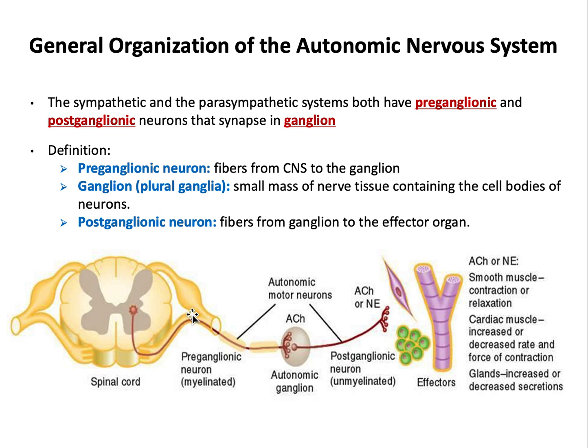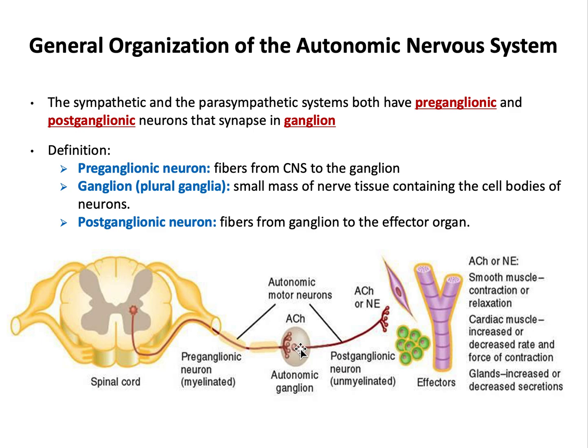They're going to exit through spinal nerves, and then they're going to synapse in a specialized structure called a ganglion. Anatomically, the definition of a ganglion is just a cluster of cell bodies outside of the central nervous system. So these are located in tissue outside of the CNS, and that preganglionic neuron is going to synapse within the ganglion on a post-ganglionic neuron, right?